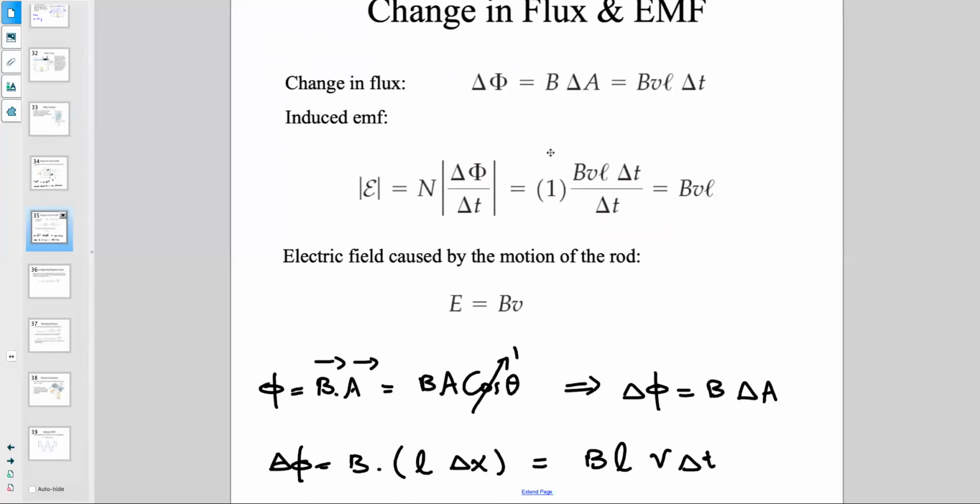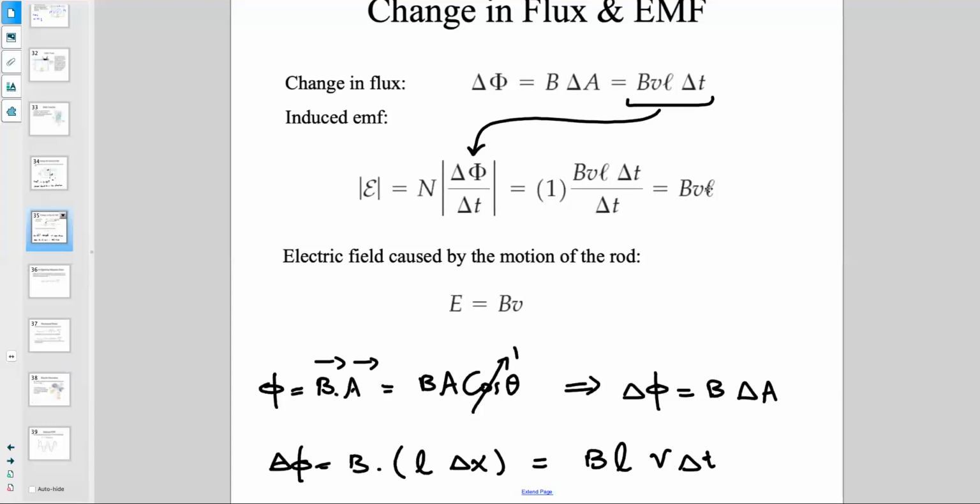If you put this B v L delta t into the equation of the EMF, then you'll have B v L delta t over delta t, and the number of turns, let's just say it's a loop with one turn. So this delta t and delta t cancel out, and we'll have B v L.